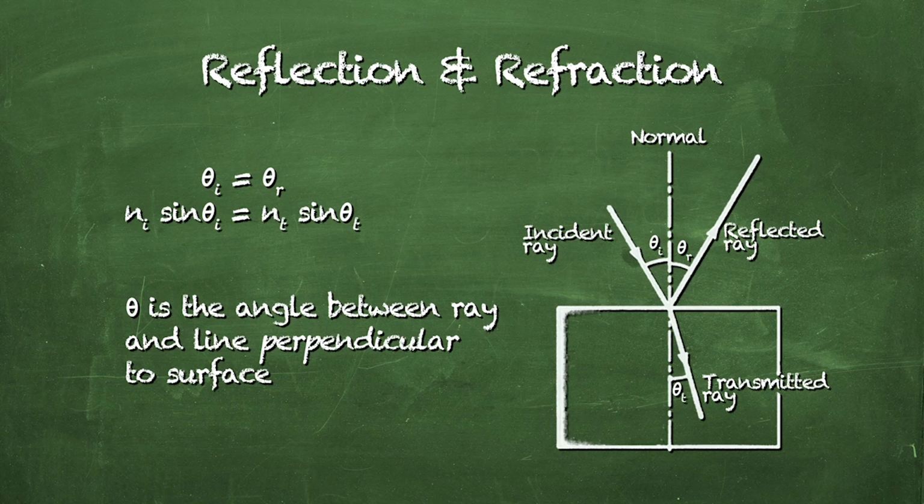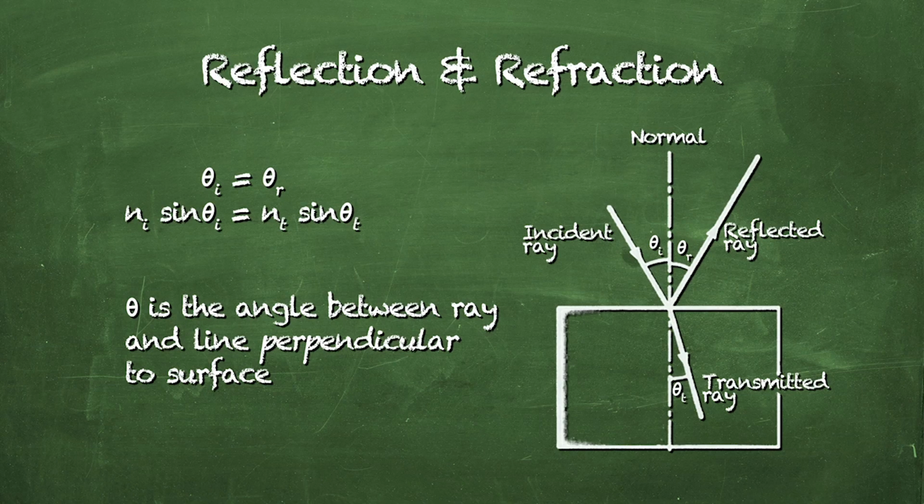Or in other words, the index of refraction in the transmitted region times the sine of the angle of the transmitted ray. And these two equations are the ones that we're going to be using throughout this section. Theta incident equals theta reflected, and the index of refraction in the incident region times the sine of theta incident equals the index of refraction in the transmitted region times the sine of theta transmitted.